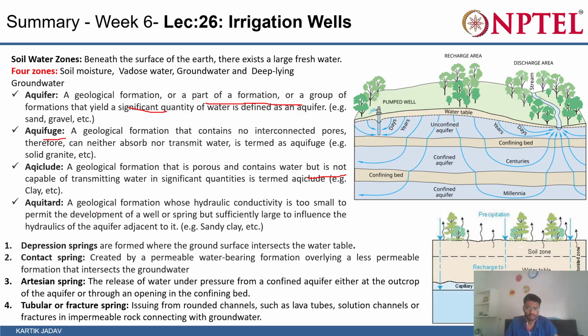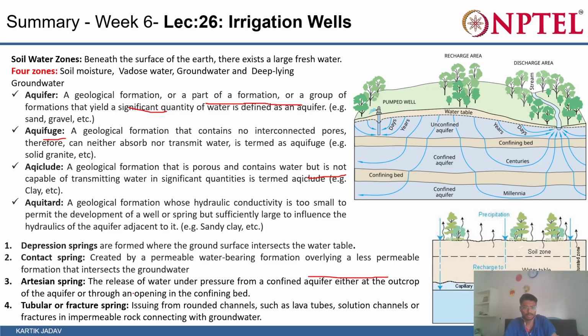Now we have also covered the different types of springs. There are four types of springs. The first one is a depression spring, formed where the ground surface intersects the water table. A contact spring is created by a permeable water-bearing formation overlying a less permeable formation that intersects the groundwater.